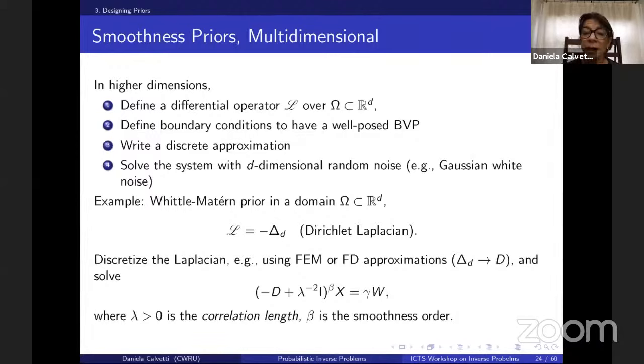Examples of very popular and very powerful priors built in this fashion is what is known as the Whittle-Matern prior, which is described in terms of the Laplacian, and the discretization is in terms of finite differences or finite elements.